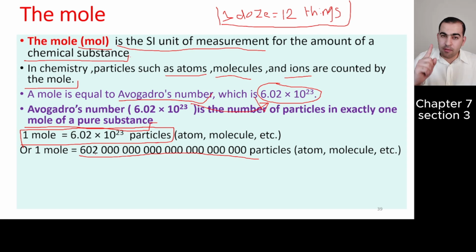So when we say 1 mole, you must imagine that we're talking about Avogadro's number, 6.02 times 10 to the power 23 particles.